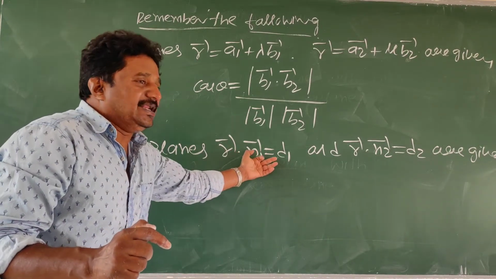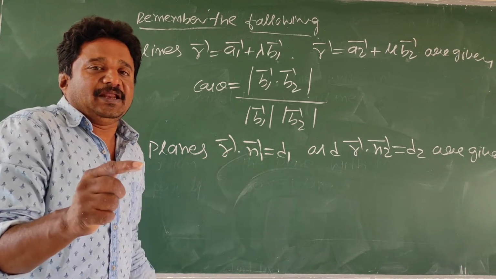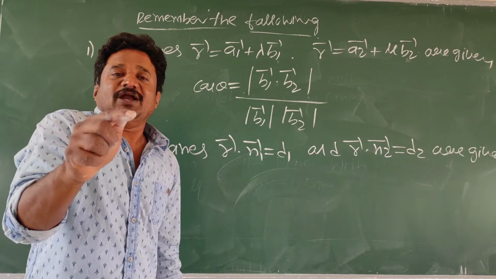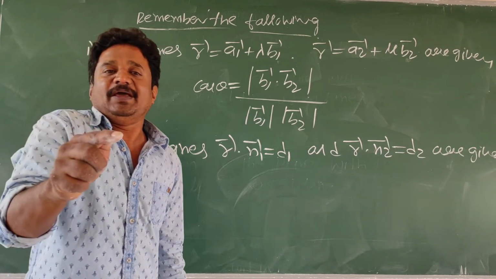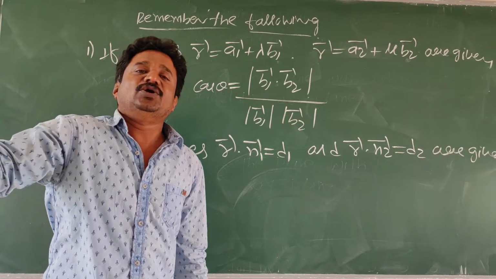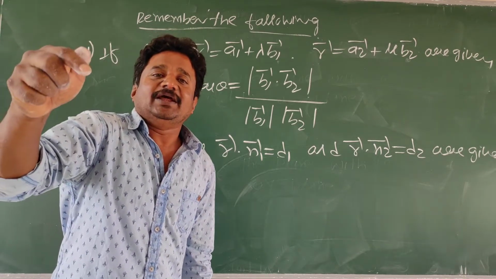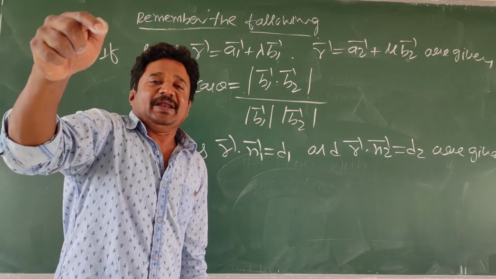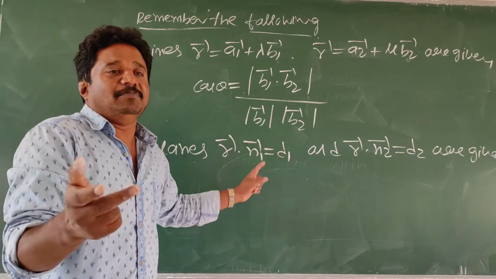This is the general plane. Tell me the equation of the standard plane: vector r dot n cap is equal to d. If your plane contains n cap, it is a standard plane.